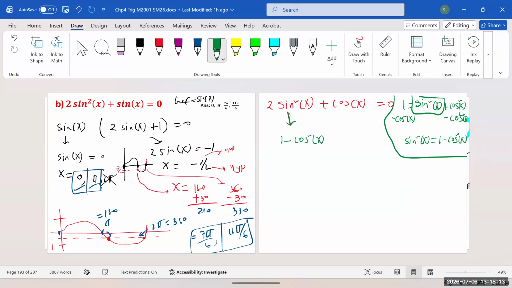Scroll through your images and see the Pythagorean identity. The sine square plus cosine square equals 1. Don't tell me 1 is on the right side, but you wrote 1 on the left side. Does it matter?